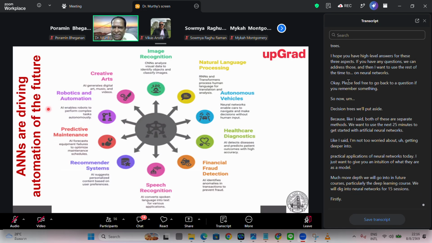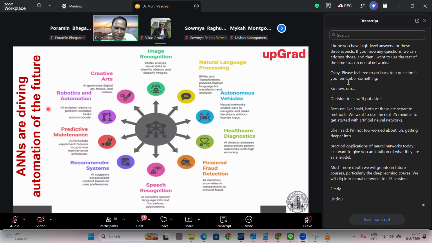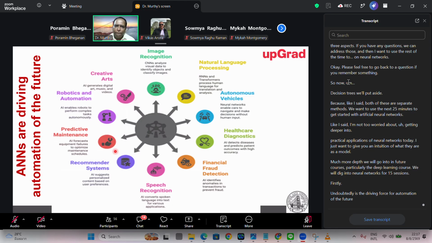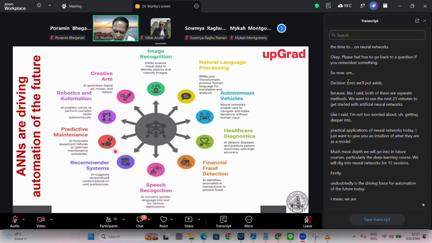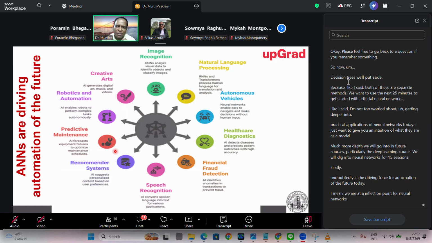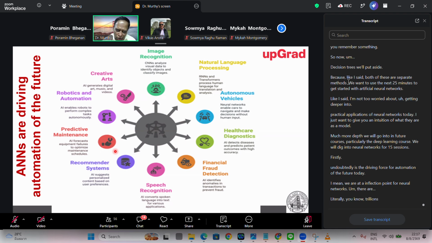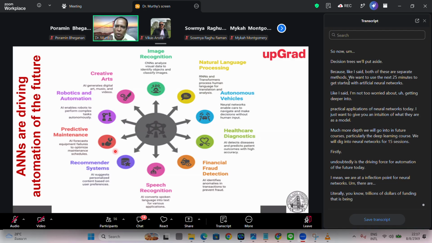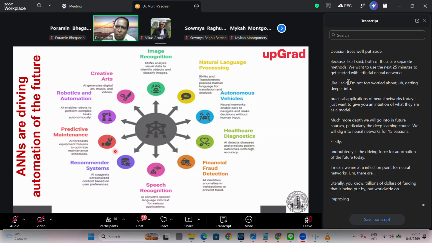Firstly, this undoubtedly is the driving force for automation of the future today. We are at an inflection point for neural networks. There are literally trillions of dollars of funding being put worldwide into improving neural networks for different problems.